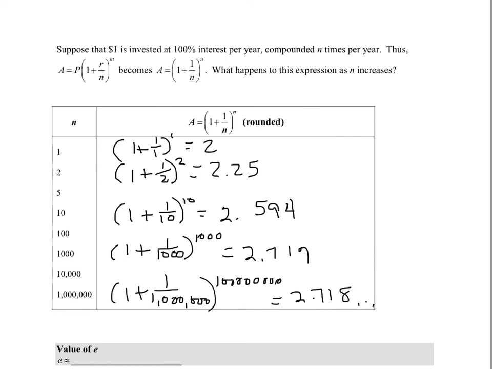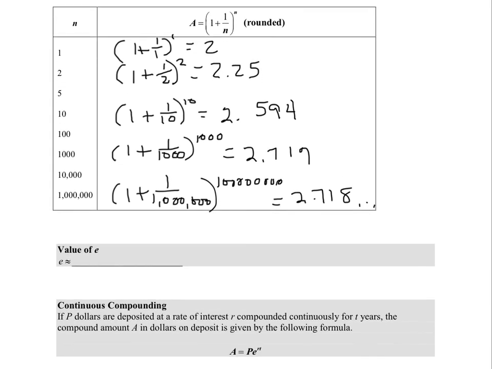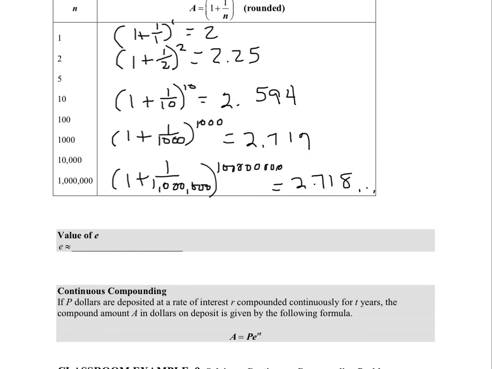Now, I know that took a little bit of time, but what I want you to see is we've got this leveling off that's beginning to occur here. It went from 2 to 2.25 to 2.594, but look at these last two. They're pretty close together.